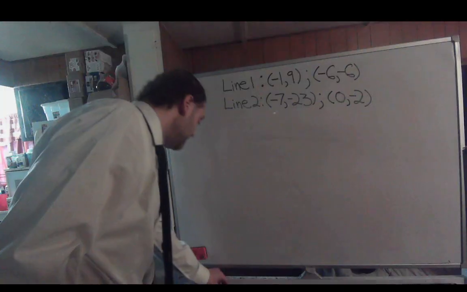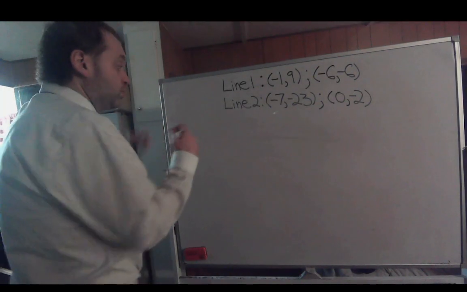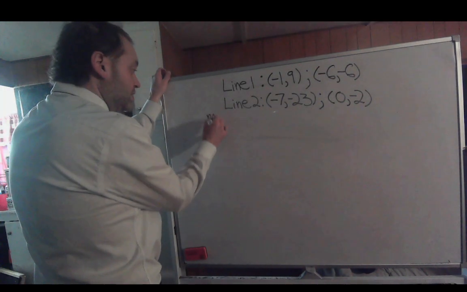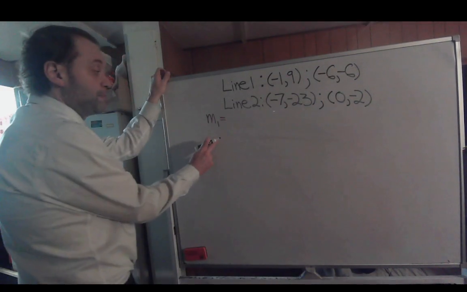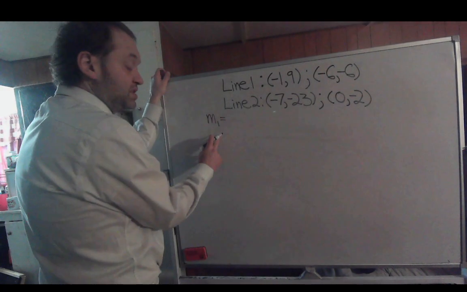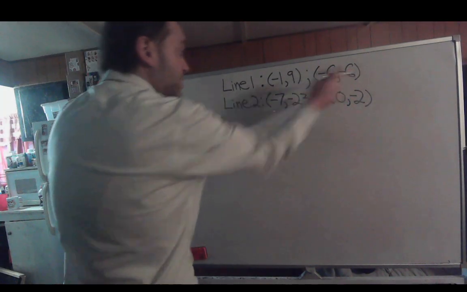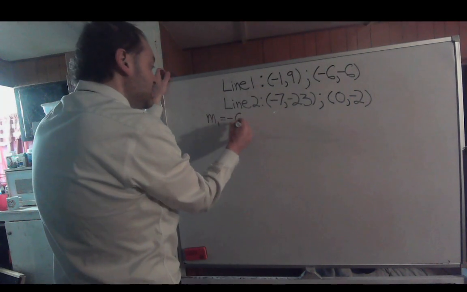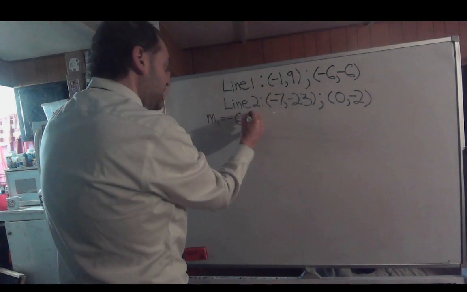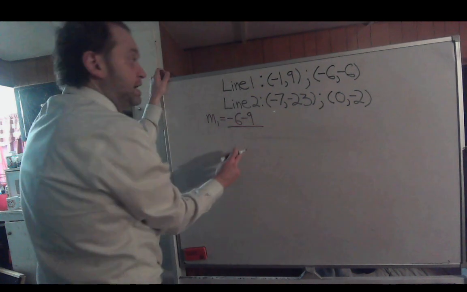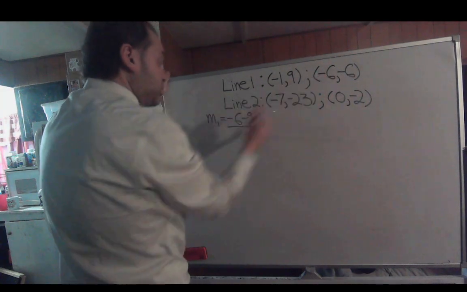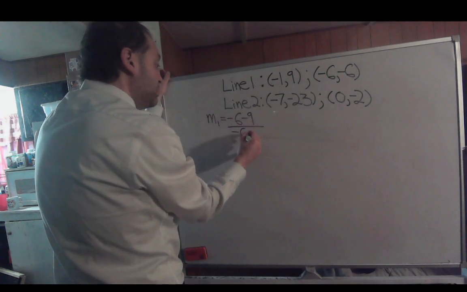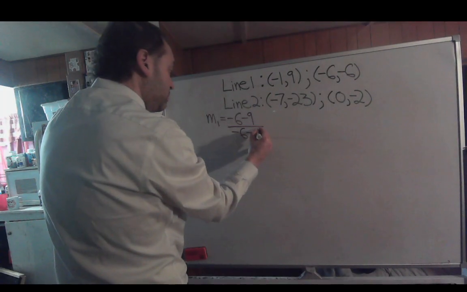So let's find the slope of line 1. I'll call it m sub 1, which denotes the first line. For the first line slope, you take your y-coordinate of -6 minus your y-coordinate of 9, divided by your x-coordinate of -6 minus your x-coordinate of -1.